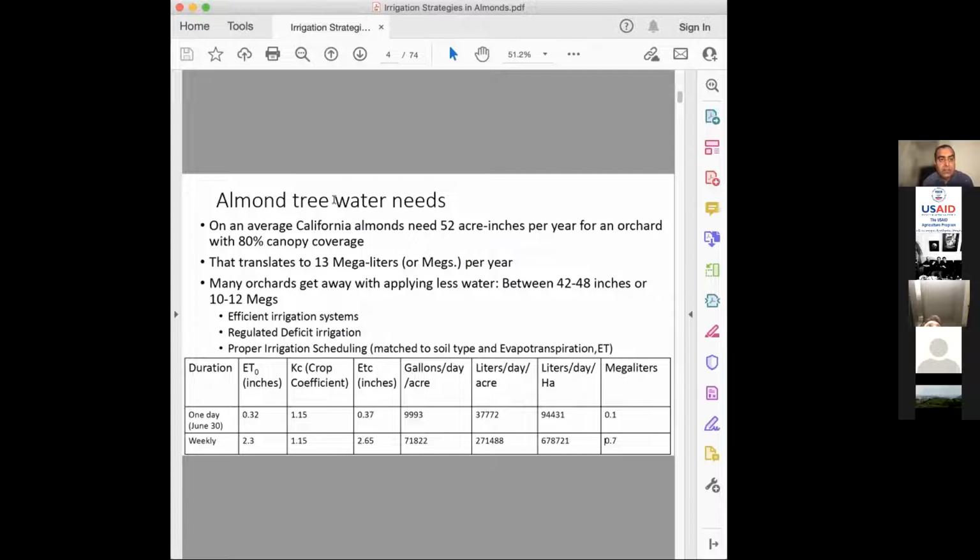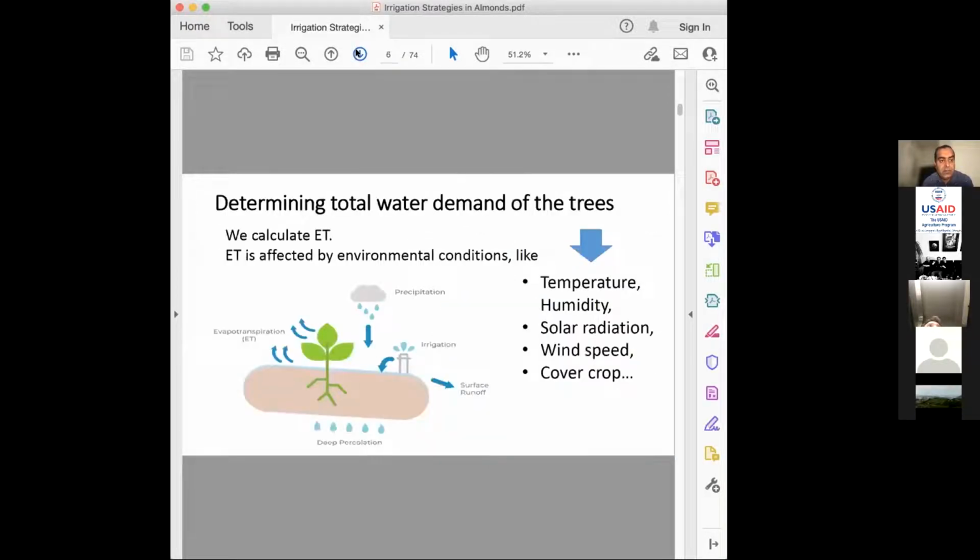Okay, now how do you determine the total water demand of the trees? We calculate evapotranspiration, which is calculated based on 2 major components.